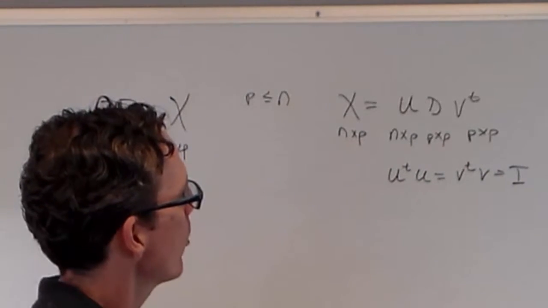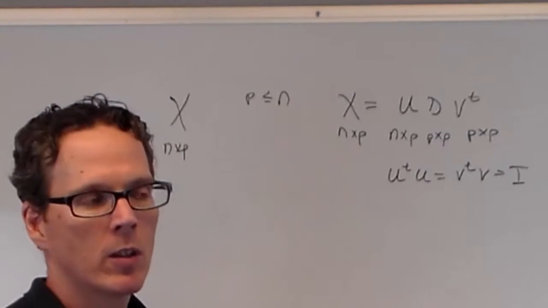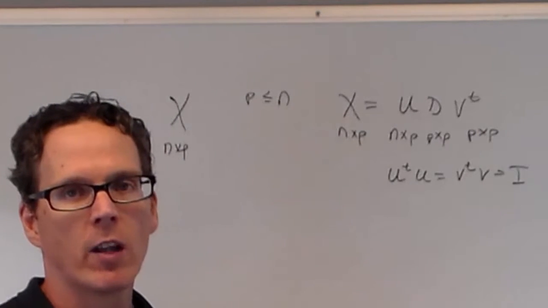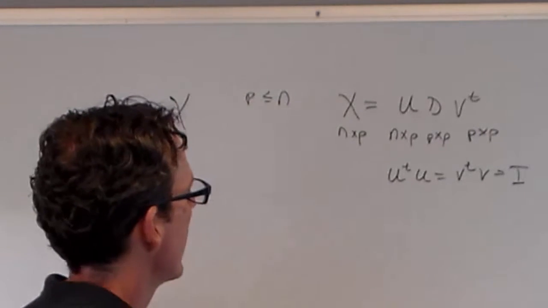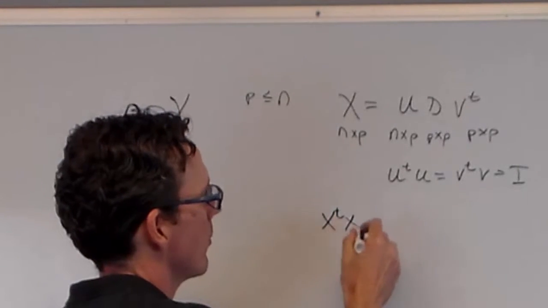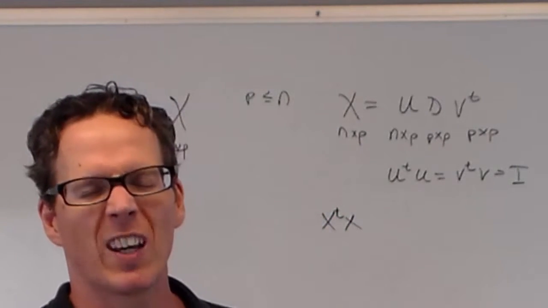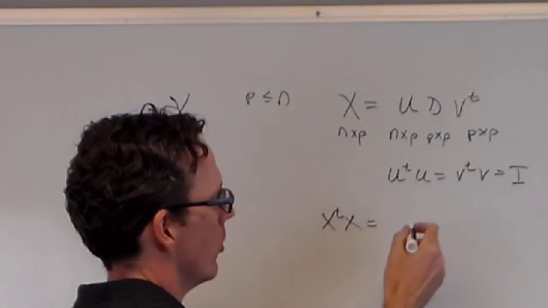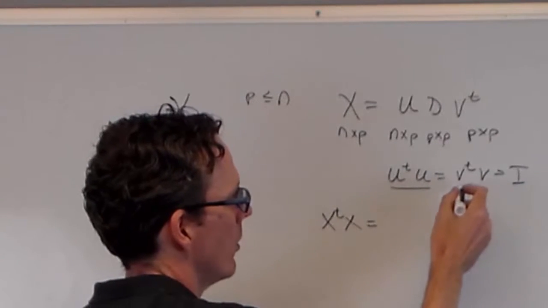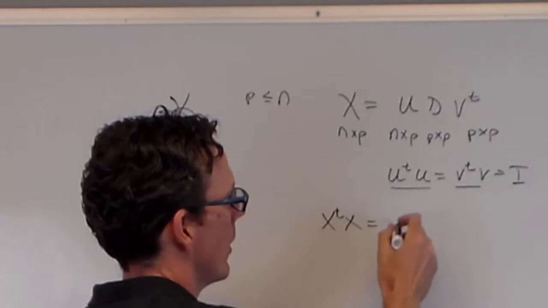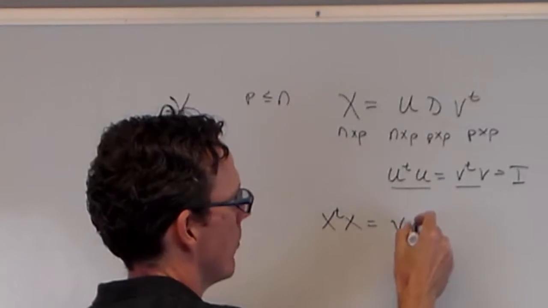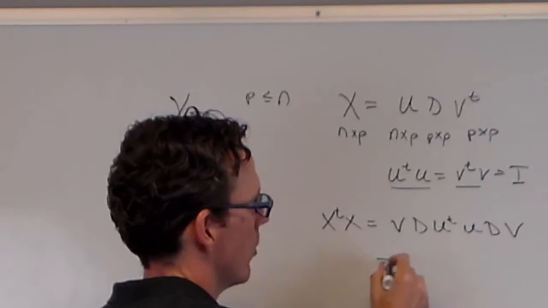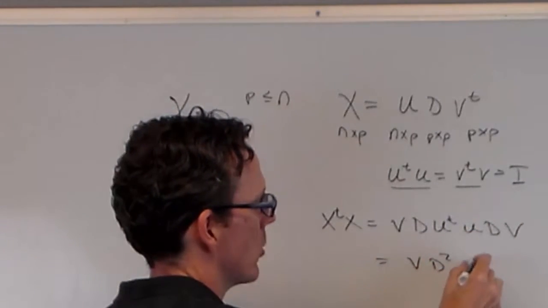Okay, so one thing I want to note is, imagine for the time being that x has been centered in the sense that all of its column means are 0. And consider x transpose x, which is effectively the variance-covariance matrix of the x matrix, disregarding the n minus 1. Well, using this result and this result, that's equal to v d u transpose u d v, which is equal to v d squared v transpose.